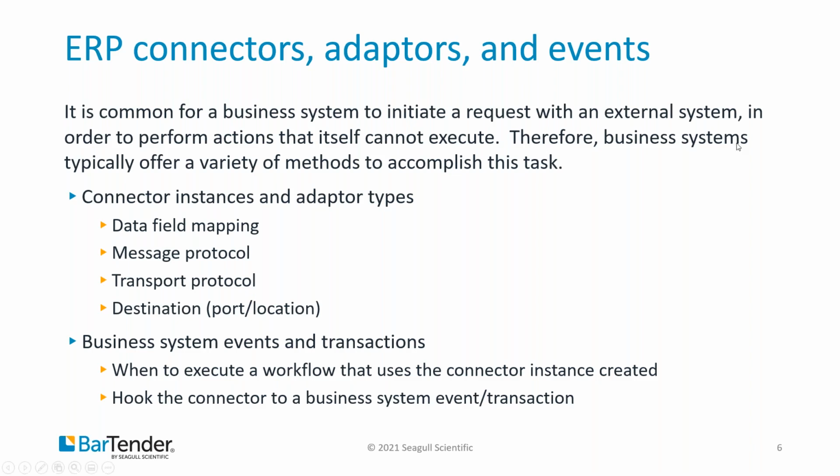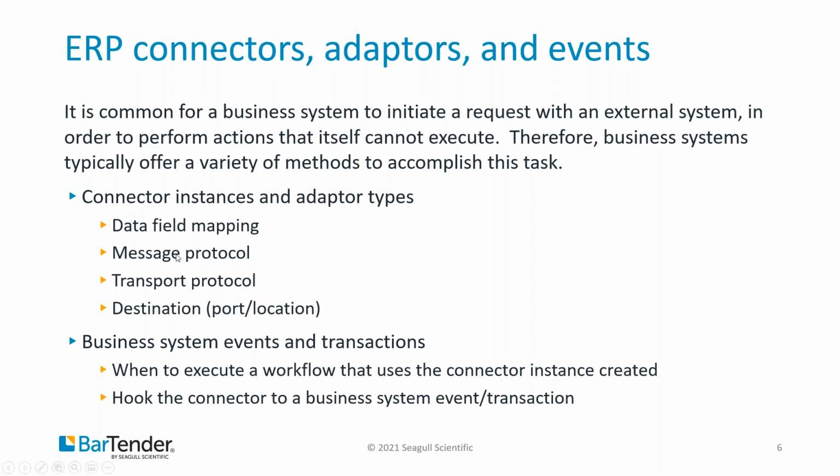But as you see here in the items below, it's not just the transport protocol, i.e. a file, a web service request, or whatever. It's also the mapping of field data: what data do you want to come out of your business system and be put into the event message?